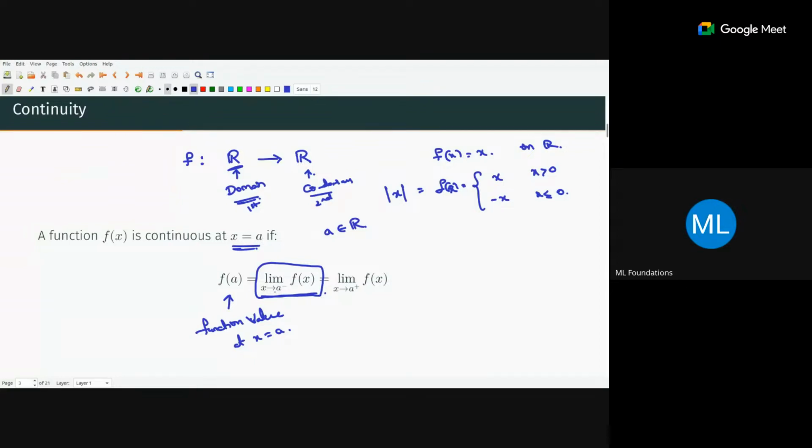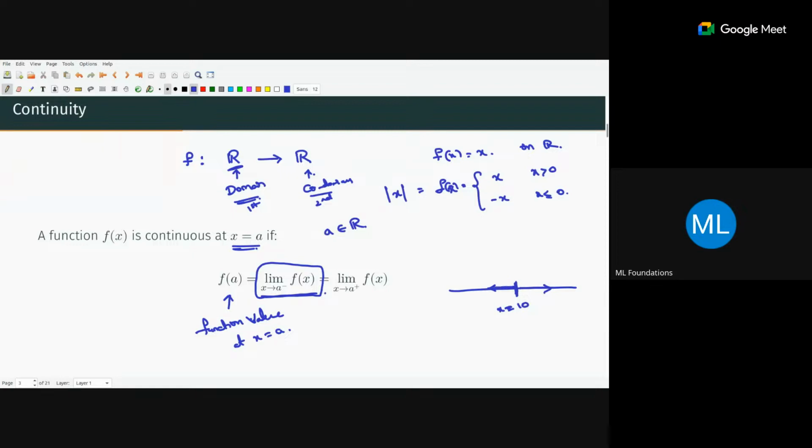Suppose this is a, this is the left side of a, and this is the right side of a, on the number line. So this is x equals a, and let me take a fixed value. Let us say a is 10, so x equals 10. I am at x equals 10.